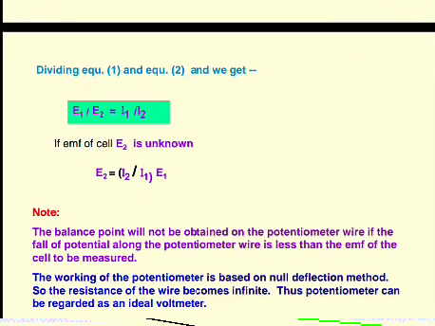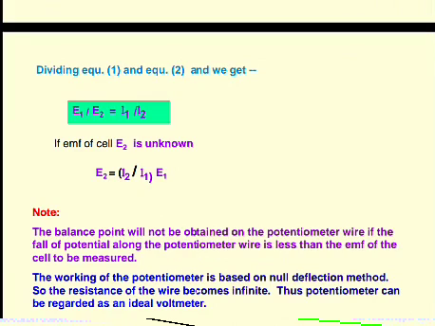With the help of this formula, we can calculate the value of the EMF of an unknown cell. If in this experiment the EMF of one cell is unknown, like E2, then we can calculate it with the formula E2 is equal to L2 upon L1 into E1.